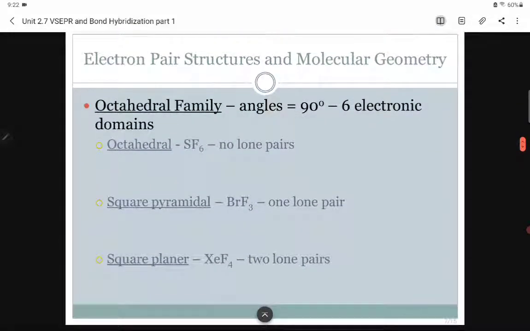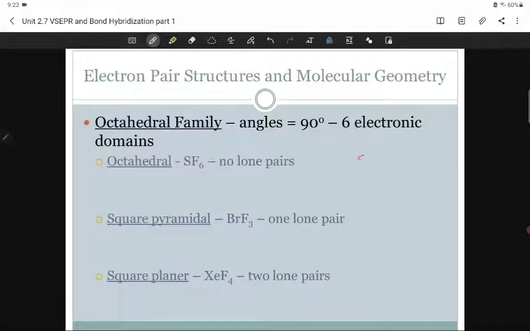Okay, and our last family that we're going to discuss is octahedral. And octahedral has 6 domains. So sulfur hexafluoride is a good example. And you're going to say, wait a minute, how is it oct, the prefix oct, when it only has 6 things?